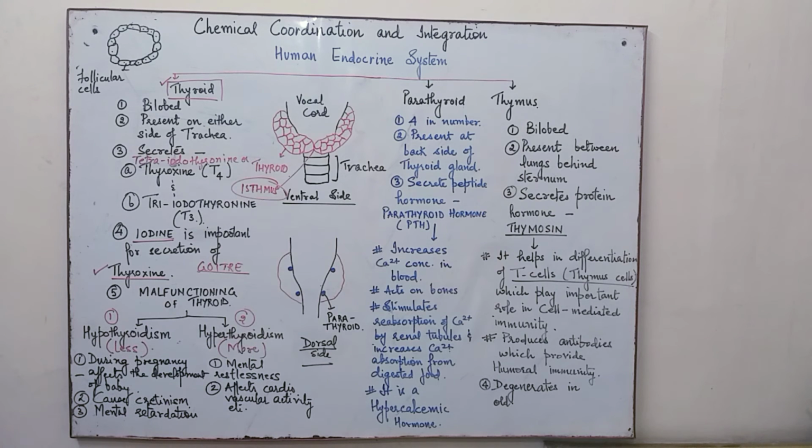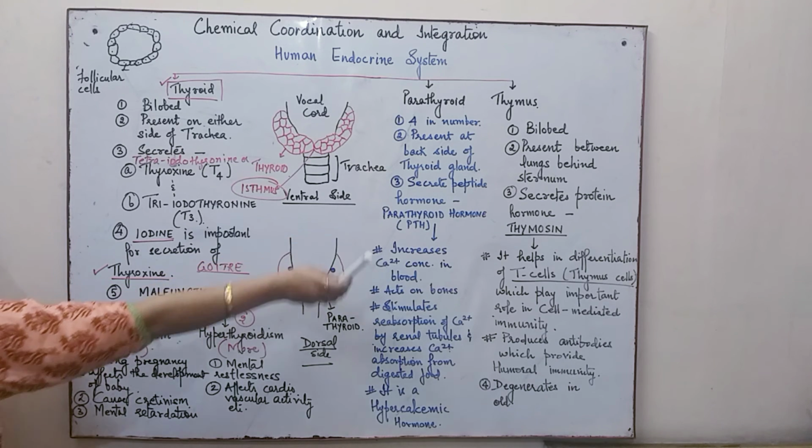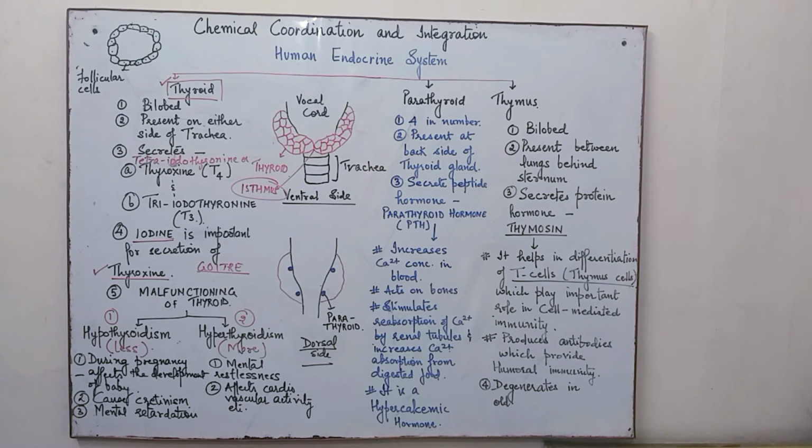The parathyroid glands are present at the back of the thyroid gland, and they secrete a very important hormone which is proteinaceous in nature and is known as parathyroid hormone, also referred to as PTH.